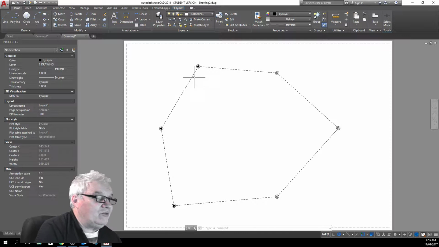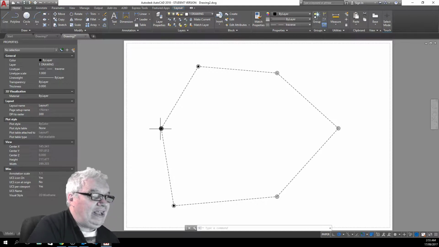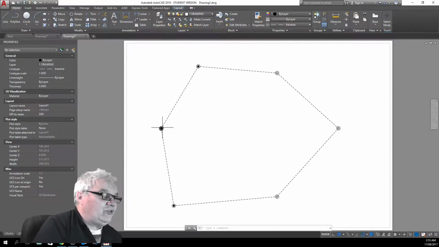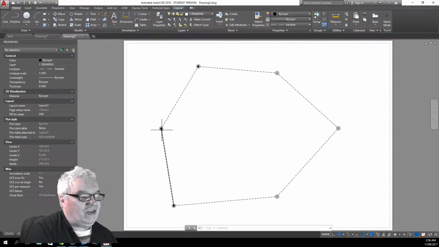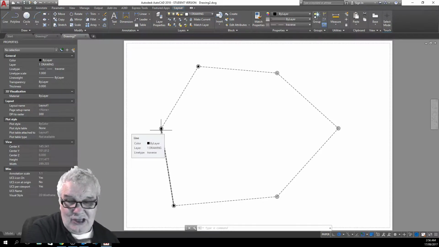Then we put the bearings and distances together, and maybe start with our origin of coordinates here. Let's say this point is the origin of coordinates, and we take that coordinate and work out the coordinates of all these points right around, and we should come back to where we started. If we don't, that's our coordinate misclose.